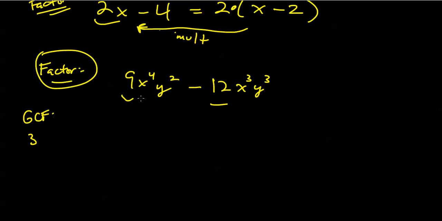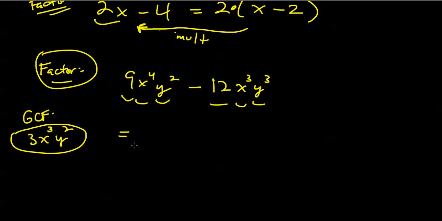And I've got x to the 4th here and x cubed here, so that means I've got 3 powers of x that are common to each term of that binomial. And similarly, I've got a y squared here and y cubed here. I've got 2 factors of y that are common to both terms of that difference. So I identify my GCF as 3x cubed y squared.